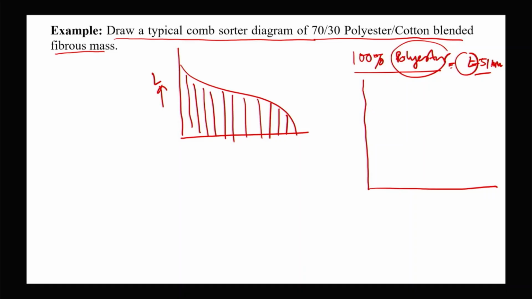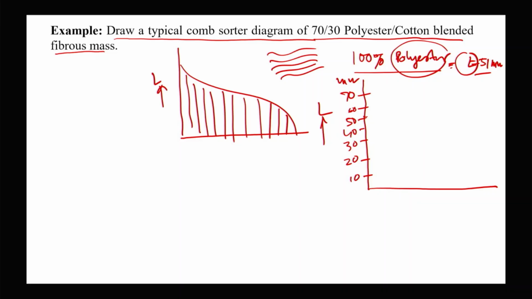The axis goes 10, 20, 30, 40, 50, 60, 70 millimeter length. So here our length is 51 mm, so you have the fibers of equal length.